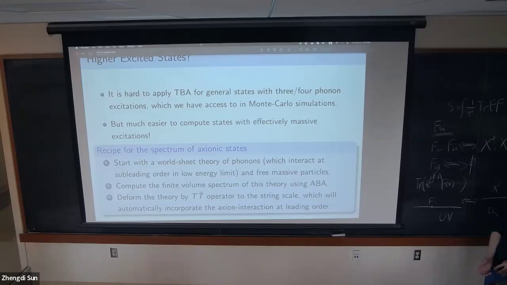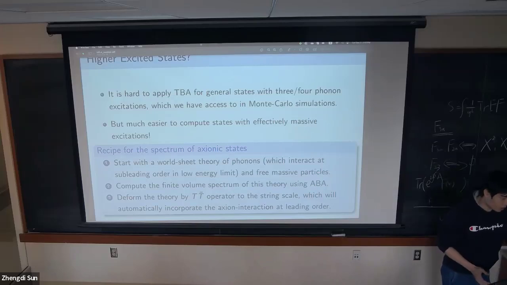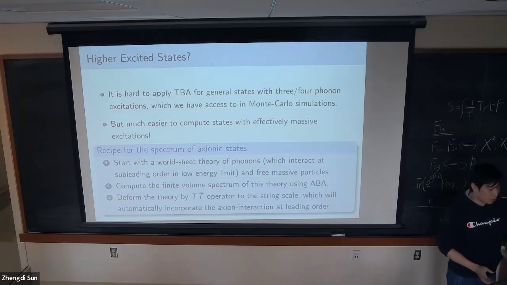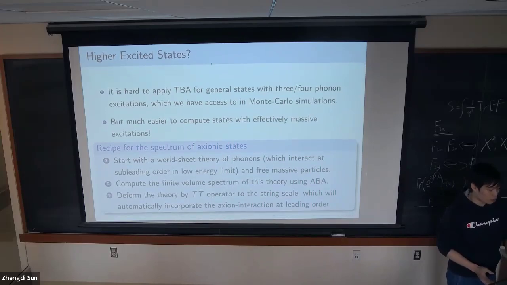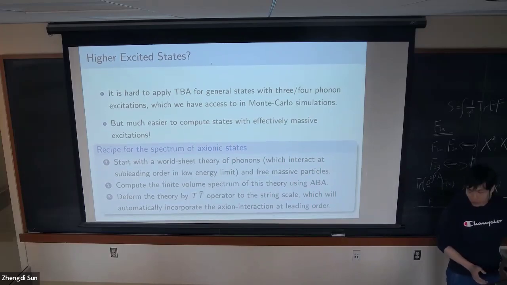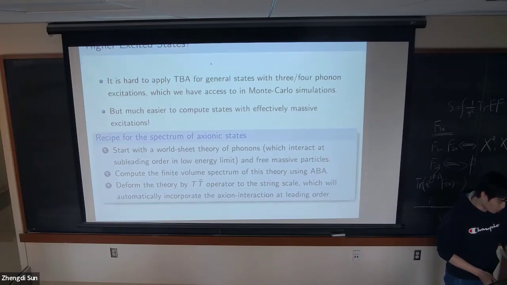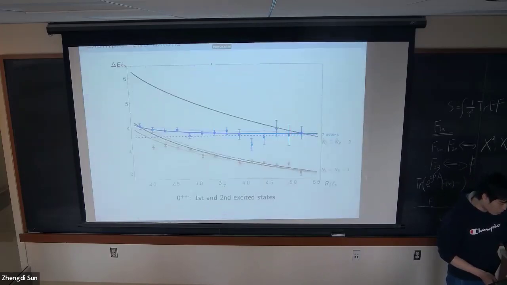And then we deform this whole theory by the T T-bar deformation to the string scale, which will automatically, we hope, incorporate the leading order axion interaction and axion-phonon interaction. And it turns out to be true. And later I will present an argument why we expect it to be true. But at this time, it's mostly just an ansatz for computing the spectrum. And we see how well it works.